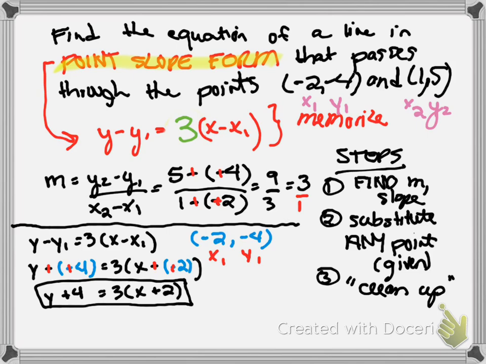Let's copy this here, because once again, I ran out of room on this slide. Let's say we use the other point, which is 1, 5. This time I'm going to use the point 1, 5. That means that x1 is 1 and y1 is 5.